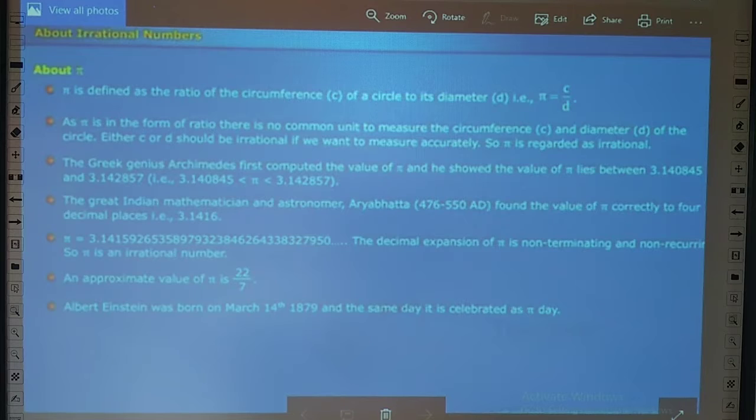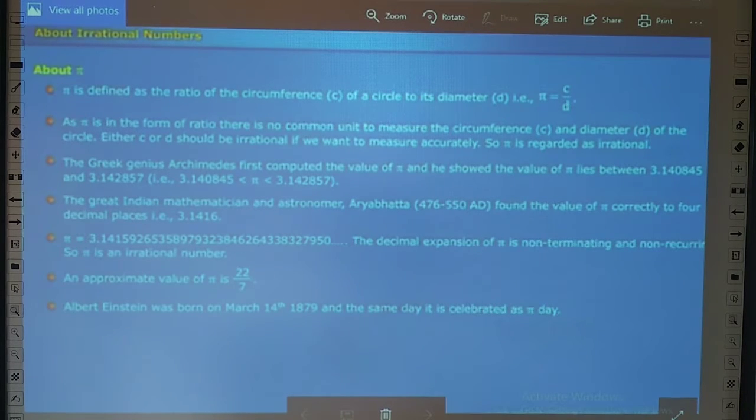But after that, the decimal expansion of pi is non-terminating and non-recurring. You see here, 3.141592 is going on non-repeatedly. So pi is an irrational number.